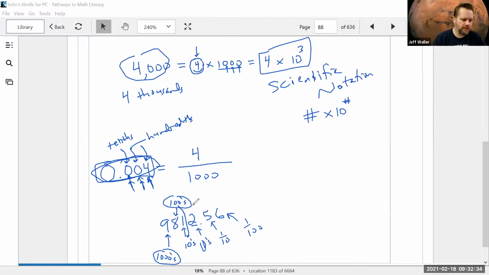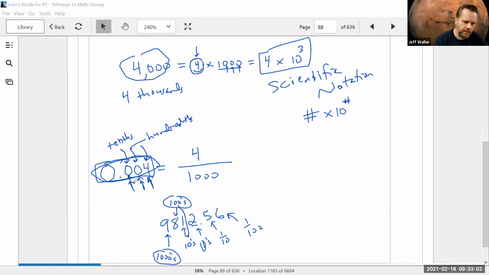Professor, I have a quick question. Yes. So for the one where you have 0.004 equals 4 over 1,000, the only reason you have 1,000 underneath the 4 is because it's behind the 3 zeros? Never mind, scratch that. Oh, there's a shortcut here.